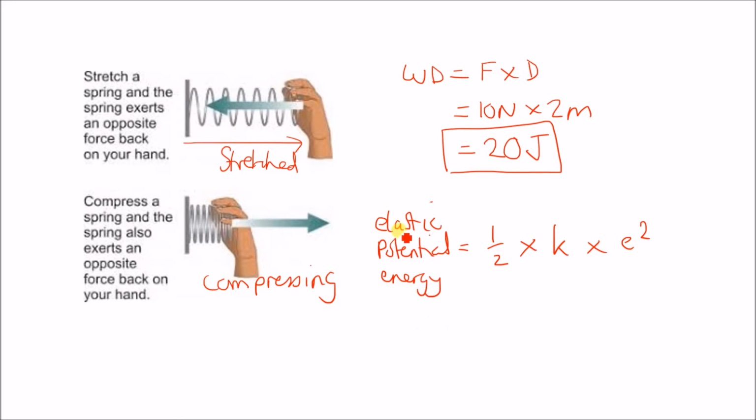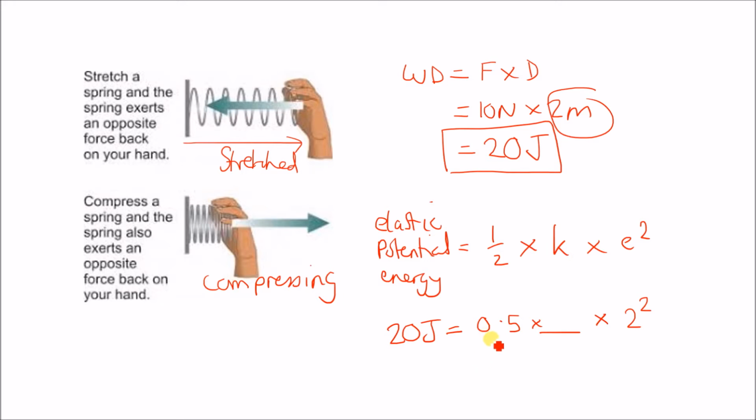So we knew that our energy is 20 joules. That's how much energy is stored in the spring by stretching it, and that is going to be equal to 0.5. We're trying to figure out k, and that's times our extension squared. Now we've just said we've stretched it 2 meters, so that is going to be 2 squared. Okay, so how are we going to work out k?